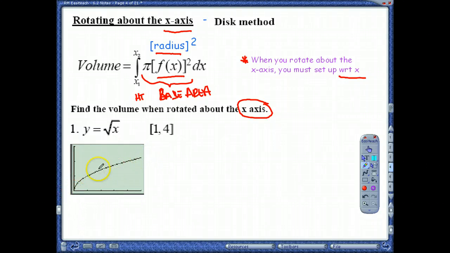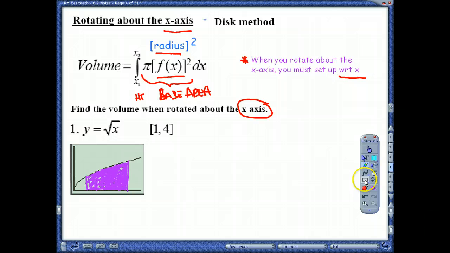My window is from 0 to 5, but I'm only going to be looking at from 1 to 4. So this is the area that I'm going to be rotating about the x-axis. Now what's important about this area is that it sits directly on the x-axis. So when I rotate this about the x-axis, we are going to get a solid figure.